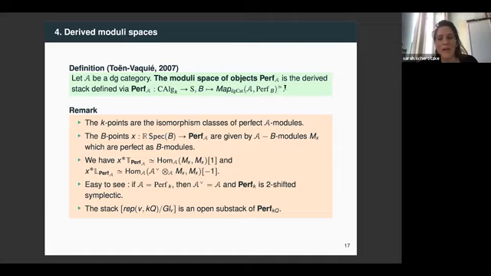The equivalence sign here indicates that I consider this as a space, so I discard all the one-morphisms in here that are not equivalences.